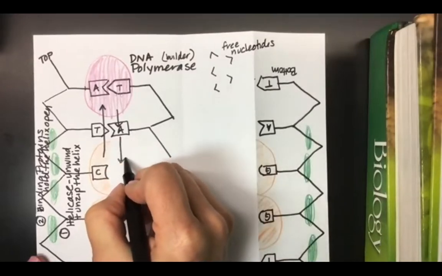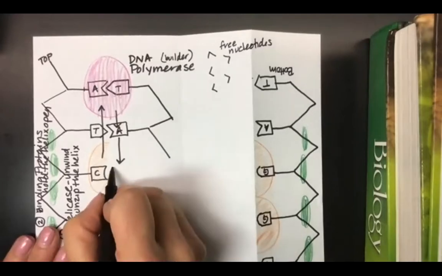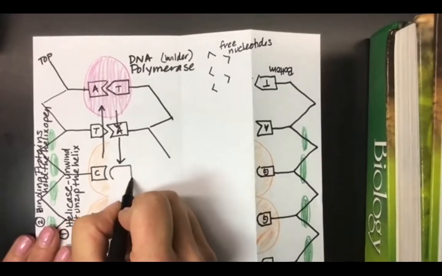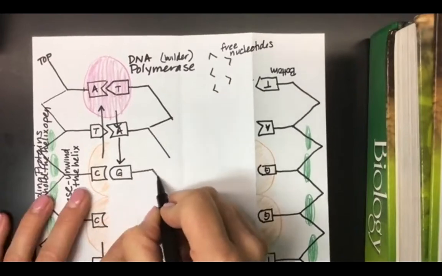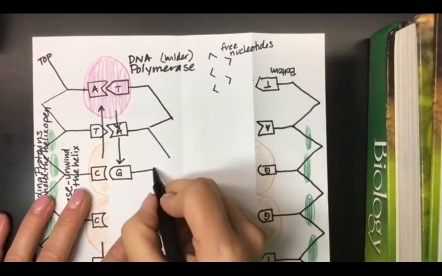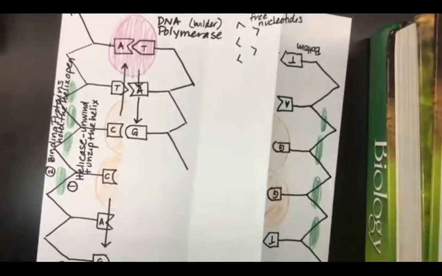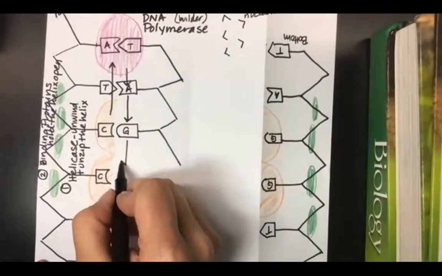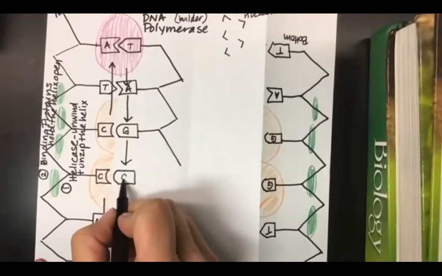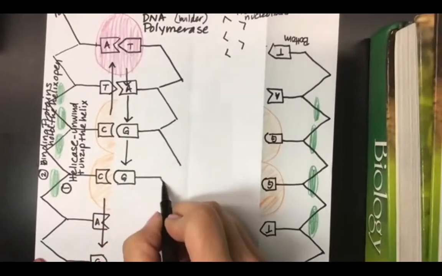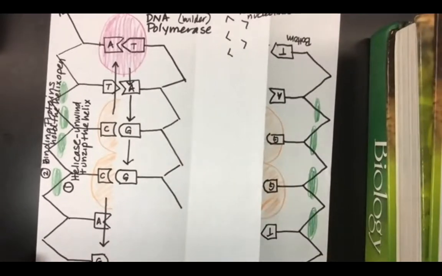And then it's going to move down. And it's going to put the next complementary base in place, which is a G. And it is going to put a covalent bond between those two nucleotides. And then it shifts down, and it's going to put our next base in place, which is a G. And it's going to put a covalent bond between them.